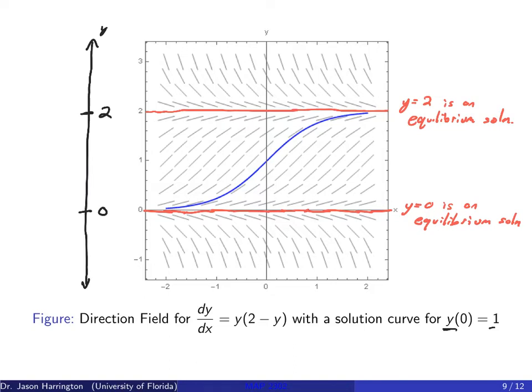So if I go back to my little phase portrait, or phase diagram, whatever you want to call that, everything above 2 is decreasing, everything between 0 and 2 is increasing, and everything below 0 is decreasing. Now what you can see from this graph is if I were to pick any point above 2, say (-2, 3), then this will be decreasing towards the equilibrium solution.